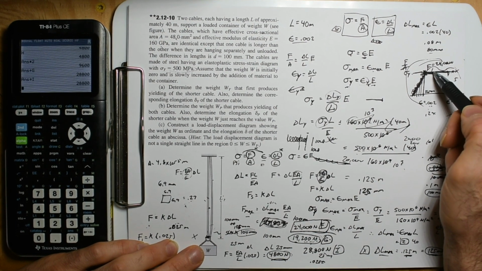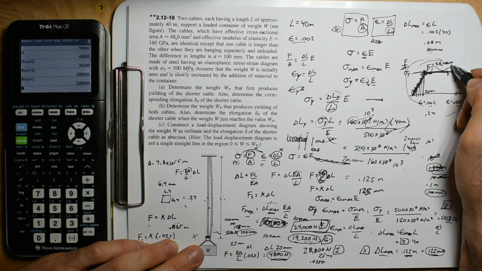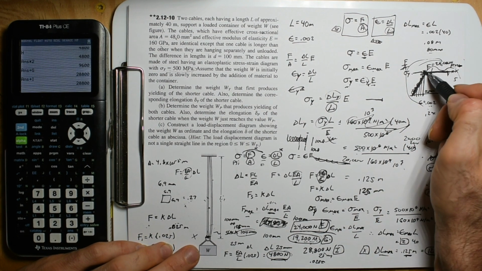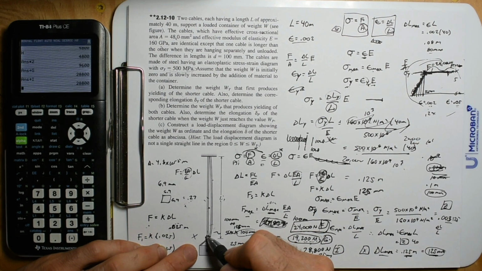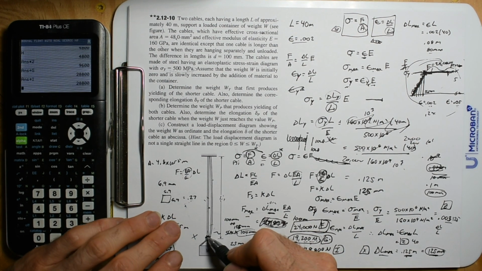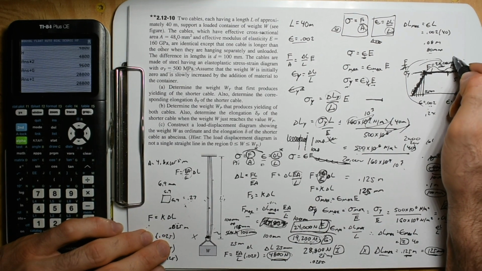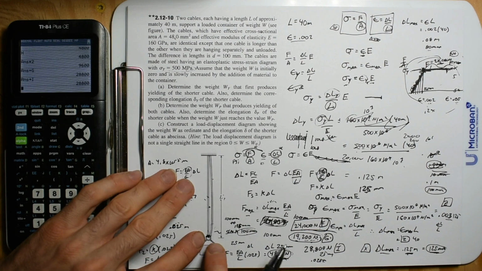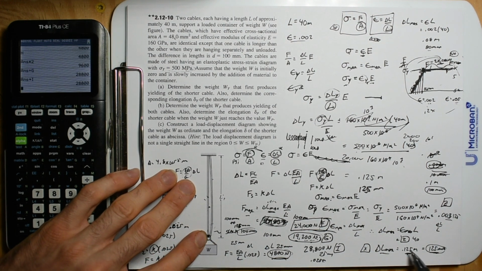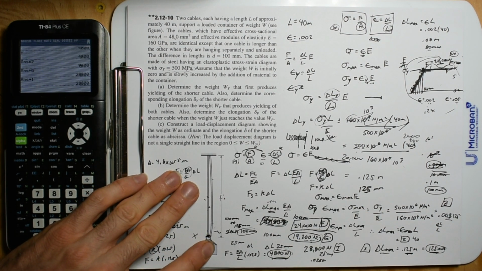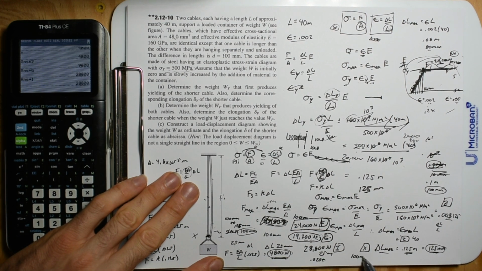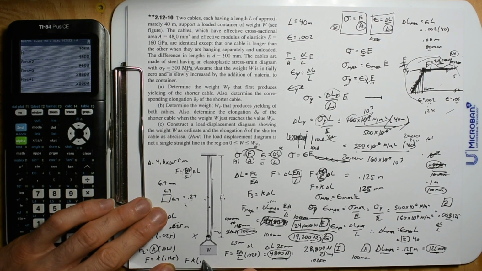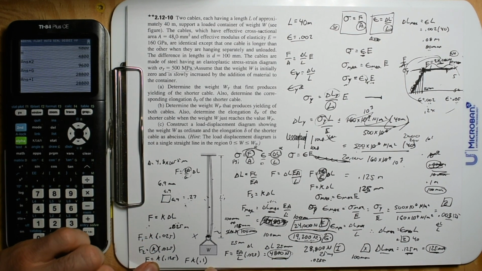And then as it elongates more, it's still holding a force of 24,000 newtons. It can't take more force because that force is already in there. So it's just going to hold 24,000, but no more. But the other cable can still stretch from the point that we found another 100 millimeters. So we can go F times K times 0.1 of the other cable.